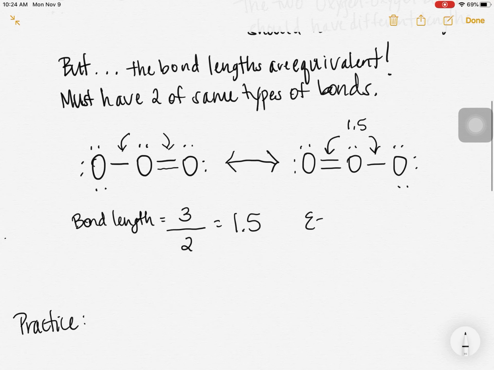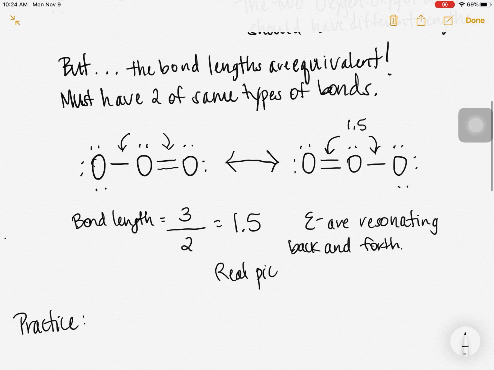So the takeaway here is that the electrons are resonating back and forth. And the real picture is actually an average of all the places that those electrons could be.